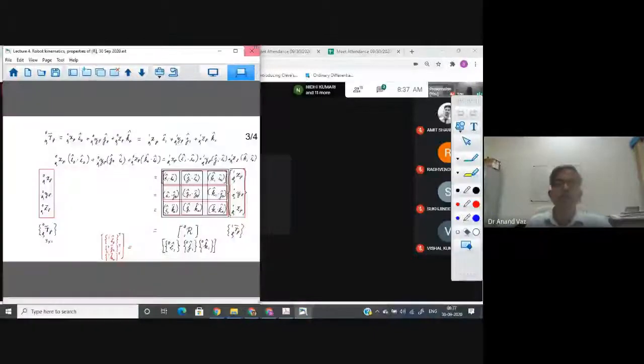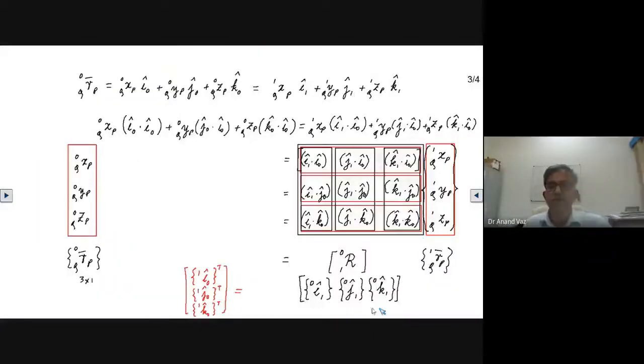So coming to our lectures, we see that the columns of the R1 to 0 matrix are the unit vectors. The unit vector I1, that is the unit vector I of the frame 1, expressed in terms of the components of frame 0.